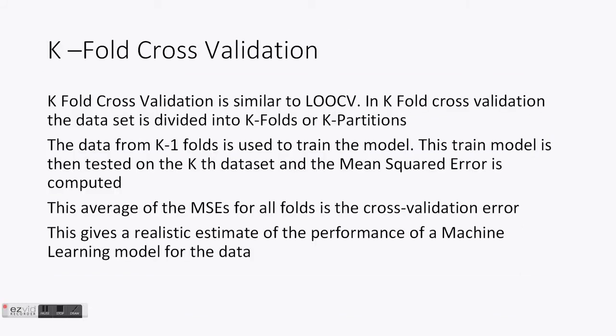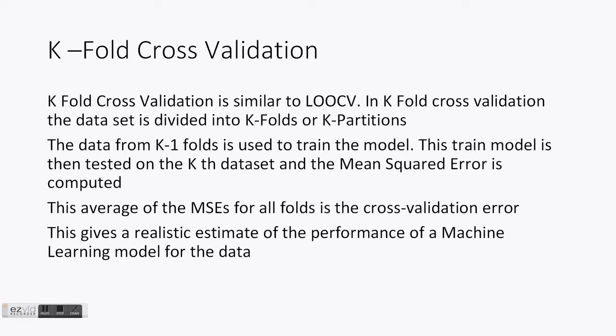The other method which is equally well used is this k-fold cross validation. So instead of partitioning as n-1 and 1, you partition your data set into k folds. K can be maybe 5, 7, 9 or 10, whichever you want it to be, and you train the model on k-1 partitions and test it on the kth partition.